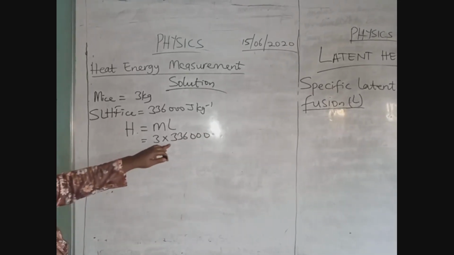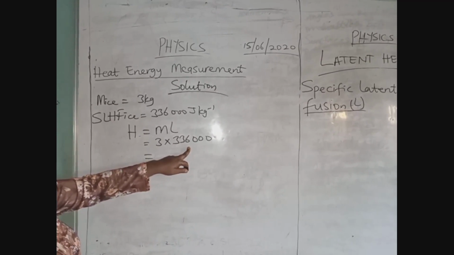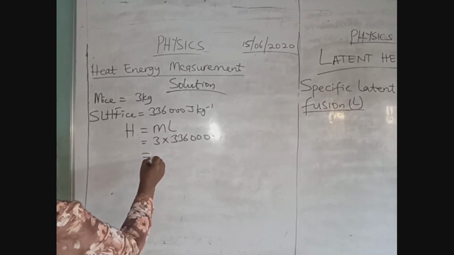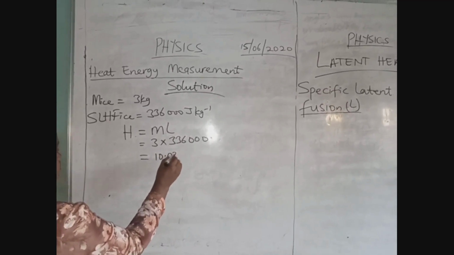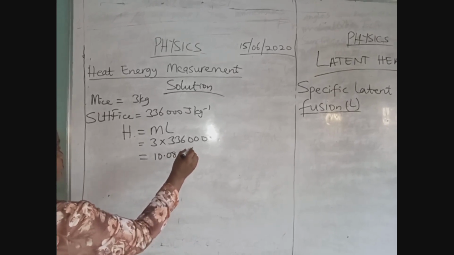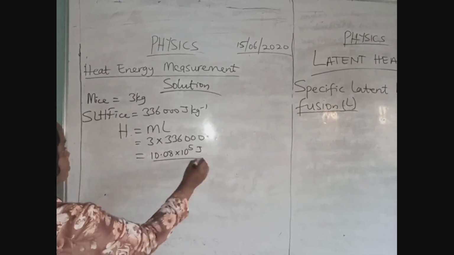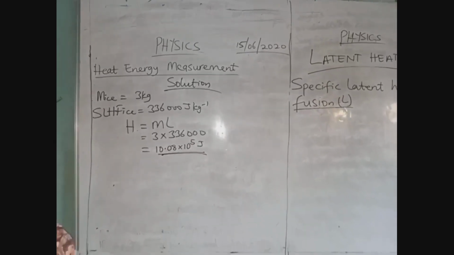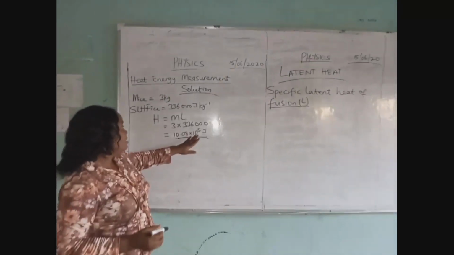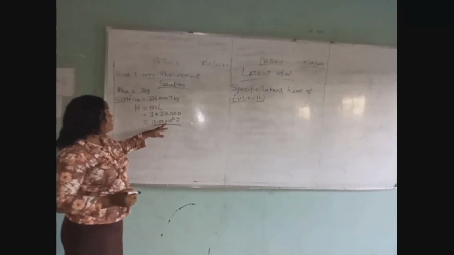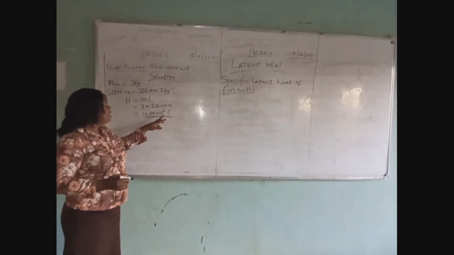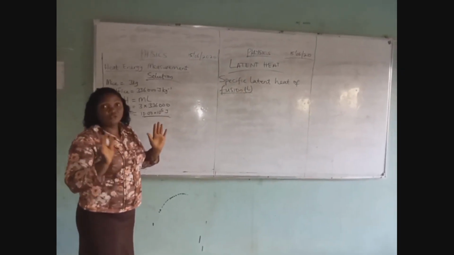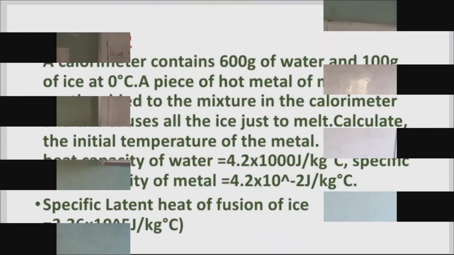Now we say 3 times 336,000. What will that give us? So the quantity of heat required in melting the ice is 10.08 times 10 raised to power 5 joules.